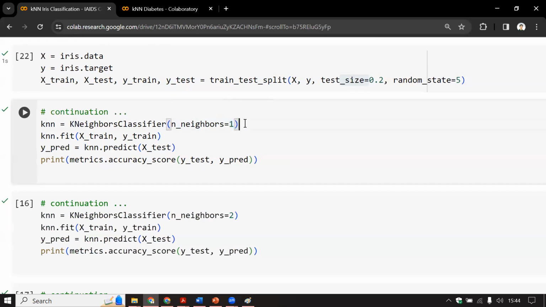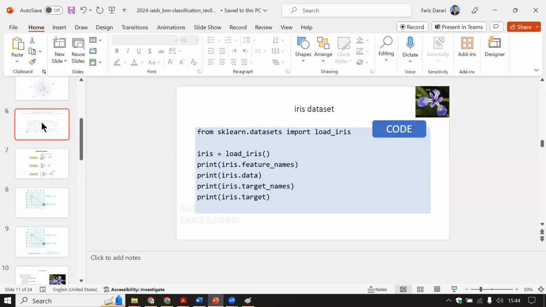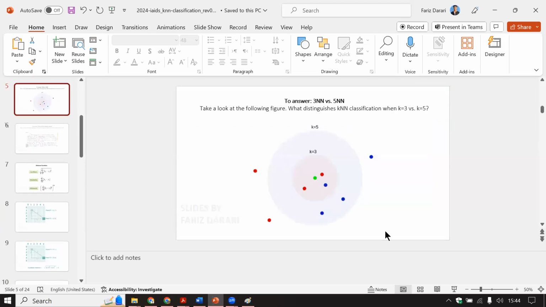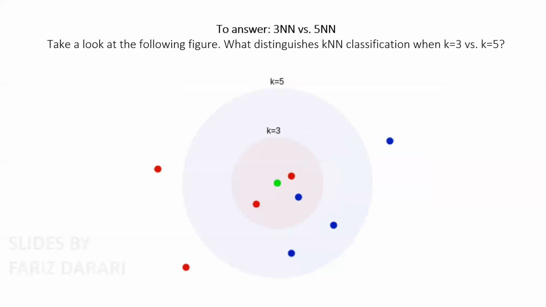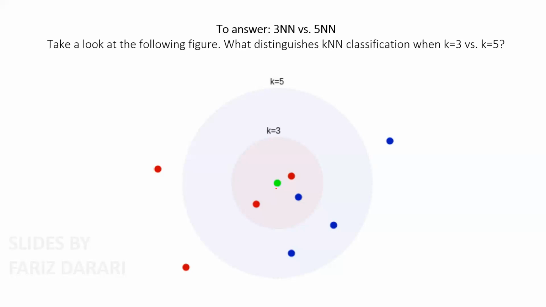What does this mean? Let's take a look. In this example, you see it's 3NN versus 5NN. If it were just 1NN, the class of this point would be determined by just the one closest data point.